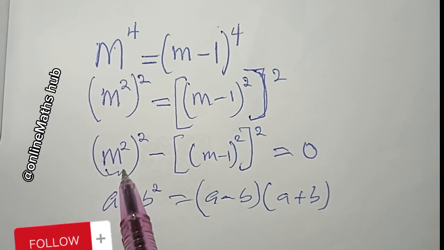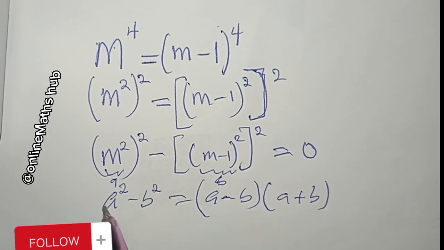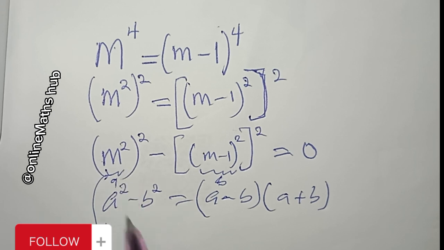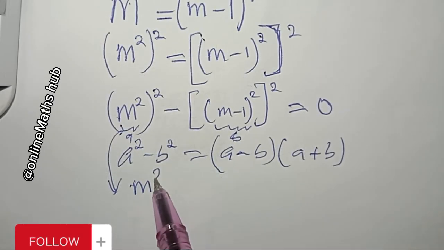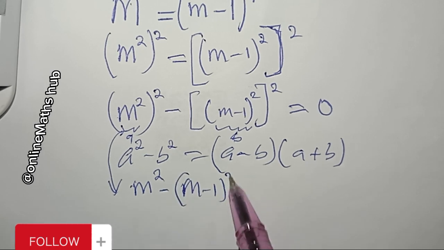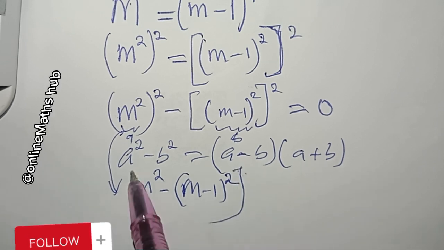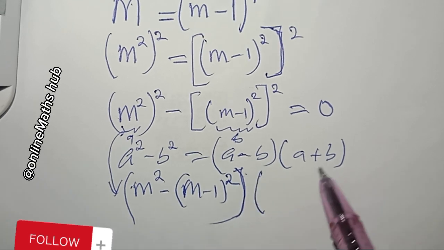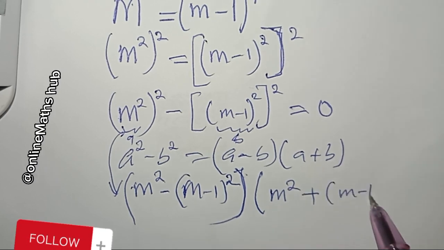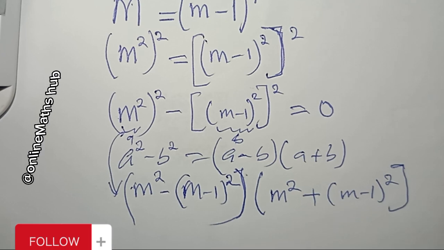In this case, this represents our a and this one represents our b, so this transforms to (m^2 - (m - 1)^2), and then the bracket for a + b, which gives (m^2 + (m - 1)^2).